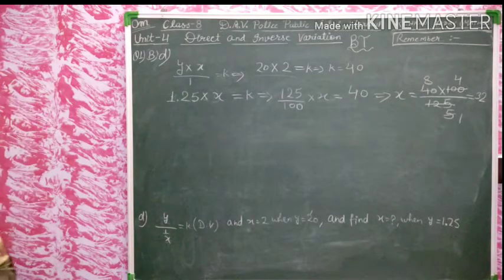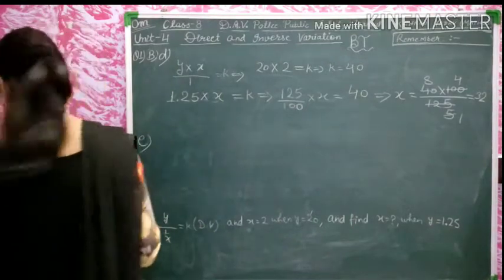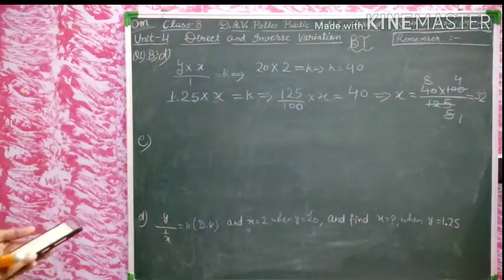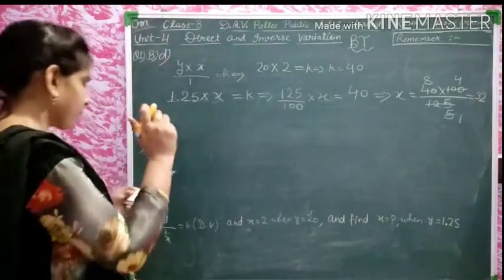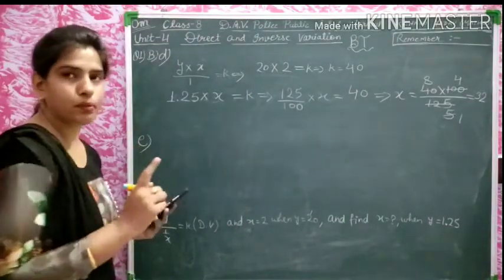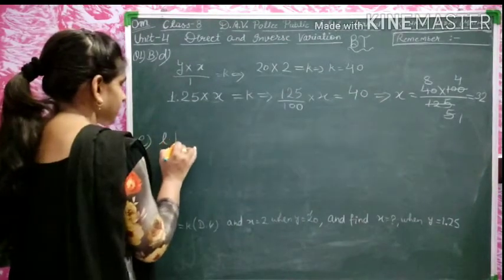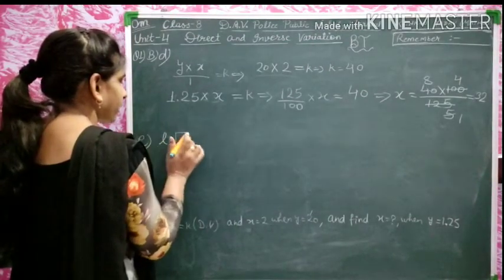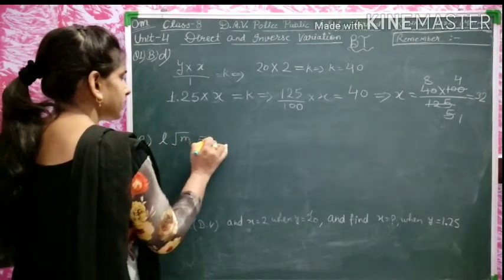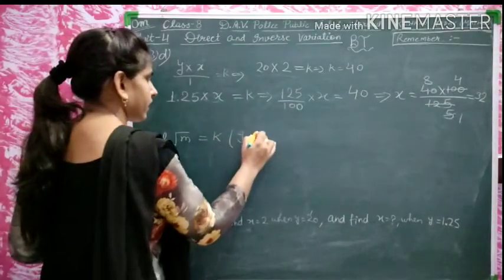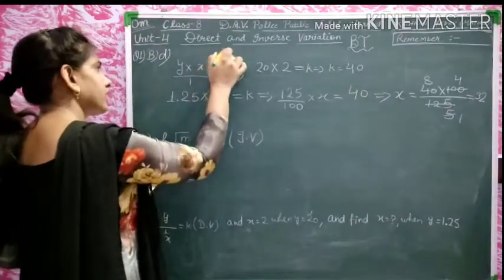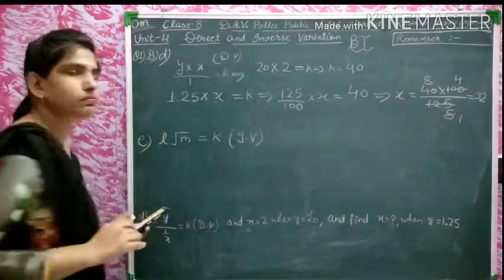So students, we are going to the next question, that is part E. In part E, the question says L is inversely proportional to root m. Inversely proportional means the product of these two values is equal to the constant, because there is inverse variation. Here is direct variation.